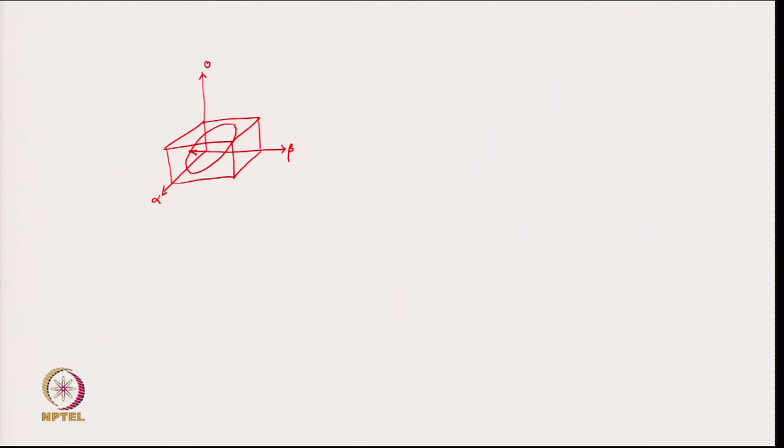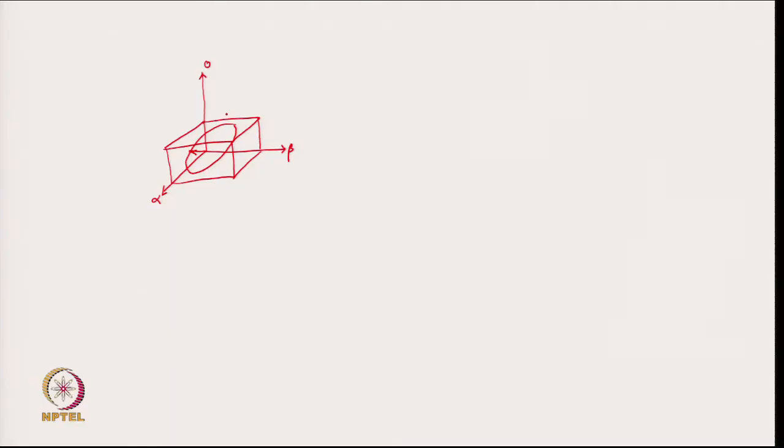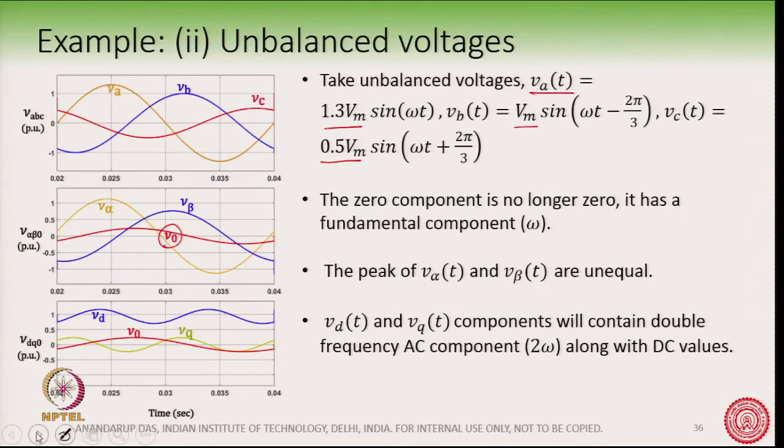Okay, it is an ellipse. It is 3 dimensional, it is rotating, and so definitely it will have some projection on the alpha axis, beta axis as well as the 0 axis. And these projections are found in the alpha, beta and 0 when we see it with respect to time. So, this is what is shown in this V alpha, V beta and V 0.